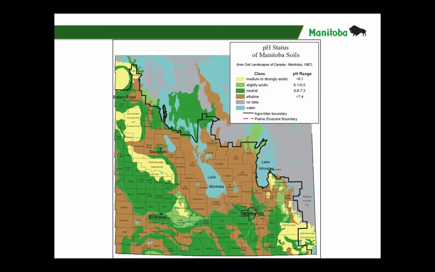Again, in Manitoba, we don't have a whole lot of low pH soils. They are definitely in pockets, and we see those in areas where we have lighter soils. So sandier soils here in that Assiniboine Delta, those wet sands in the southeastern portion of the province. Those are areas where we tend to see a higher chance of having more acidic soils.